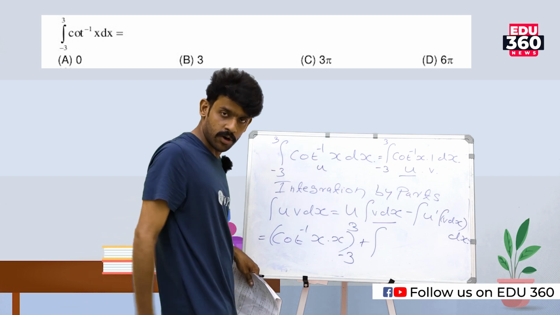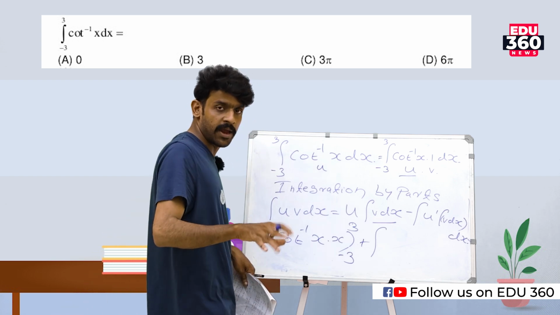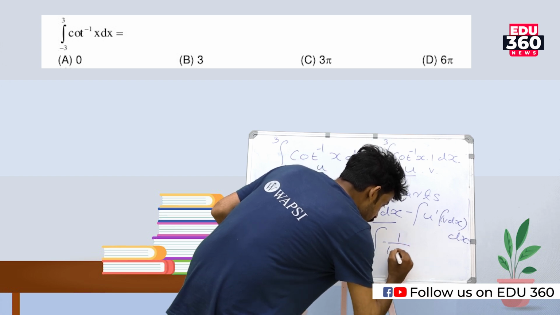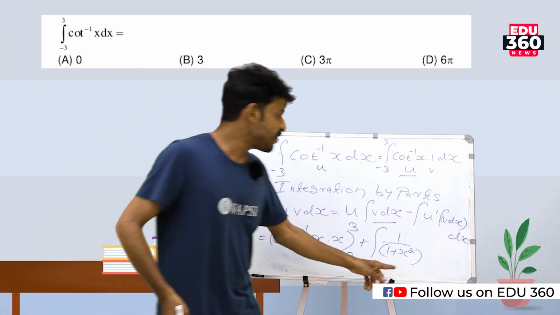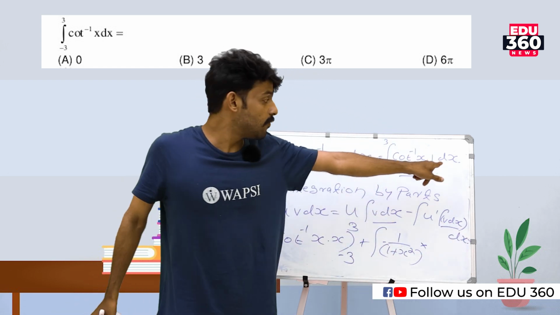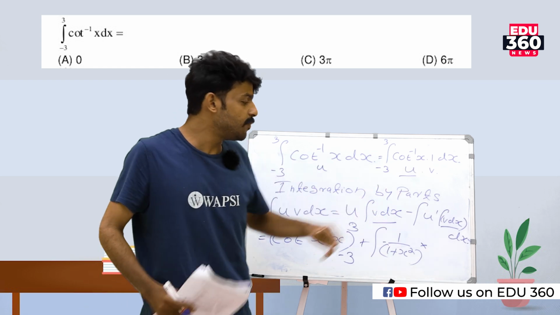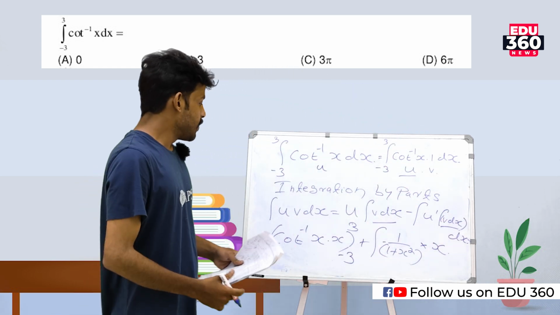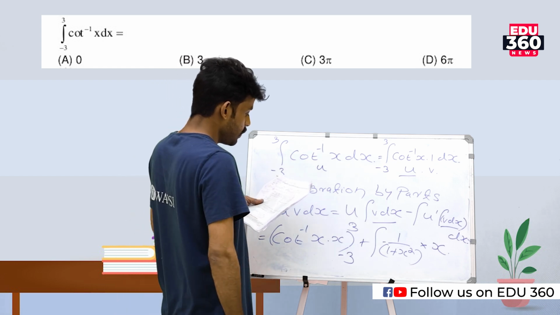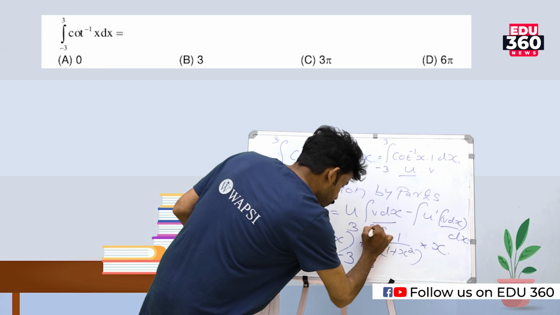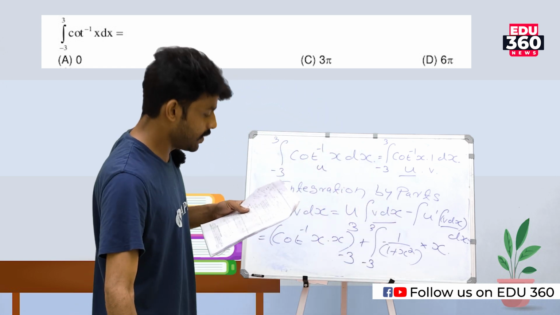We know that u is equal to cot inverse x, so d by dx of cot inverse x is minus 1 by 1 plus x square. And v is equal to 1, so the integral of v dx is x. I forgot to mention the limits: minus 3 to 3.